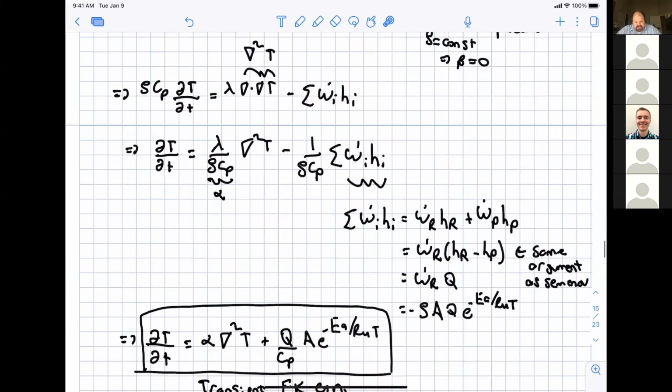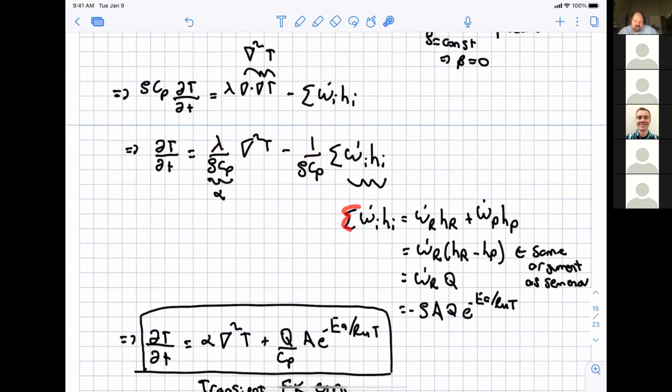So then we can divide both sides by rho Cp to get the time rate change of temperature by itself. And we have lambda over rho Cp. Well, that's just the thermal diffusivity, so I'm just going to call that alpha. And we have 1 over rho Cp times this chemical heating term. So you can do the exact same thing that we did for Semenov.